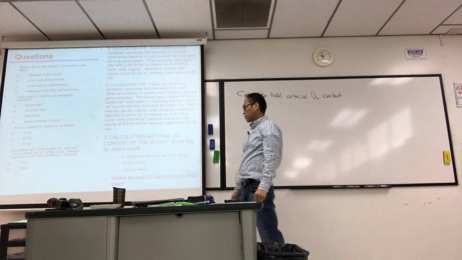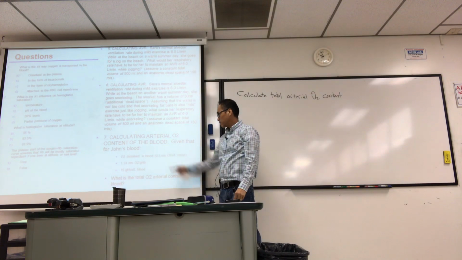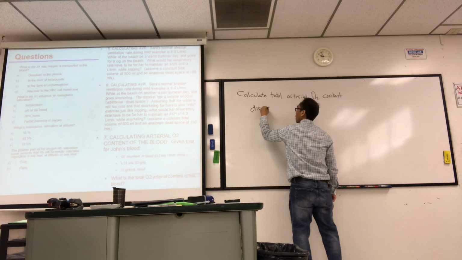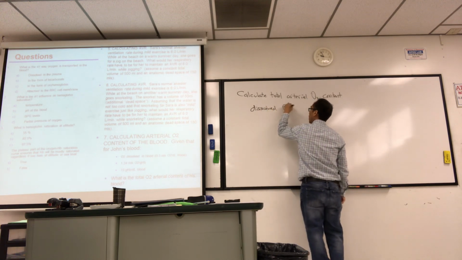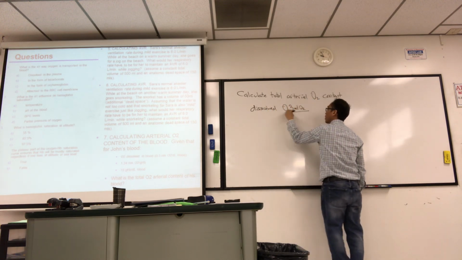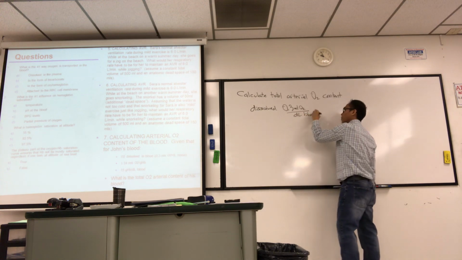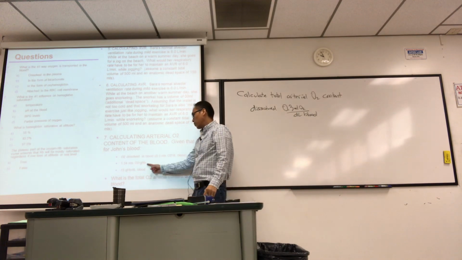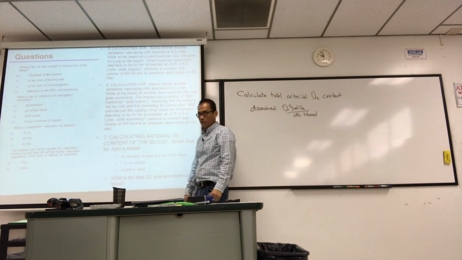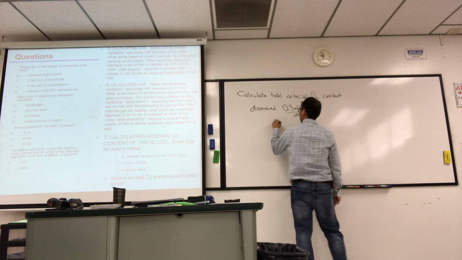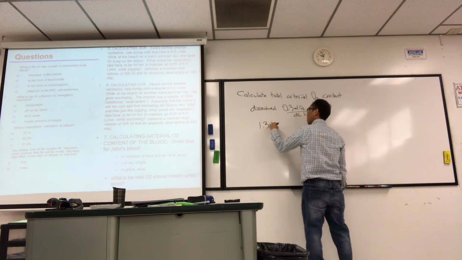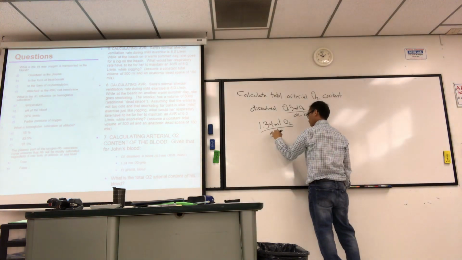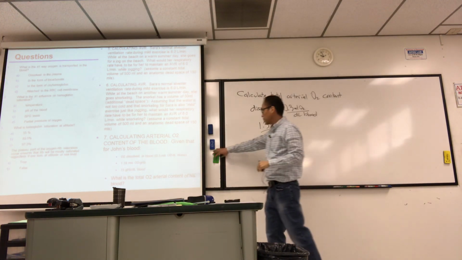I got to give you the amount dissolved in the blood. Here it's 0.3. We have to remember that per gram of hemoglobin, it can bind 1.34 mil of O2. Per gram of hemoglobin.